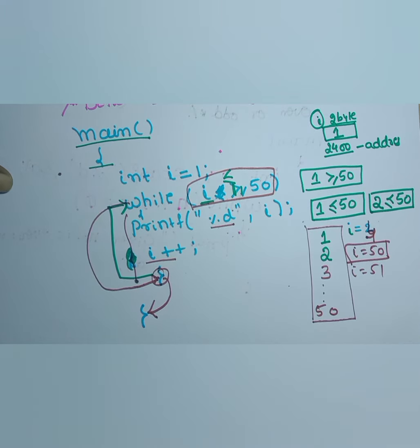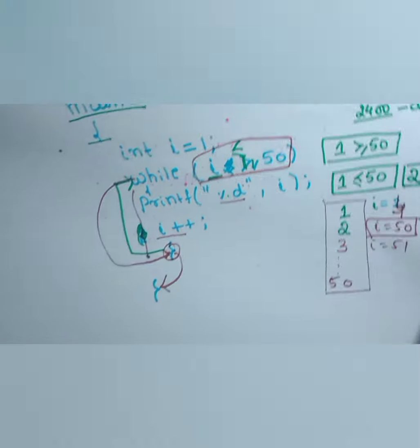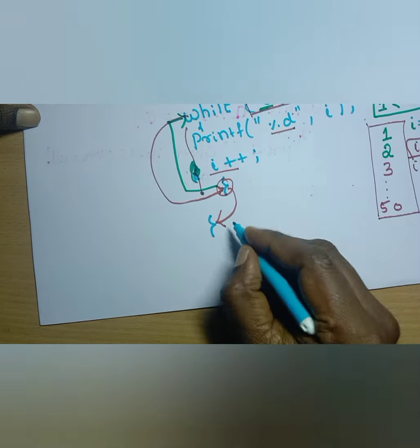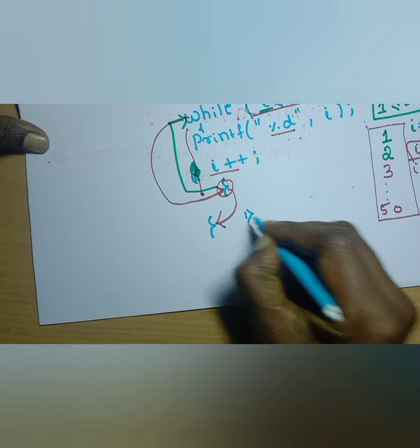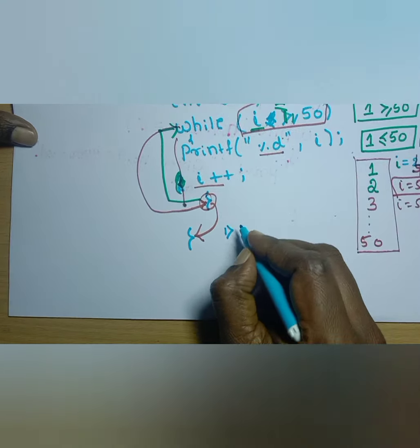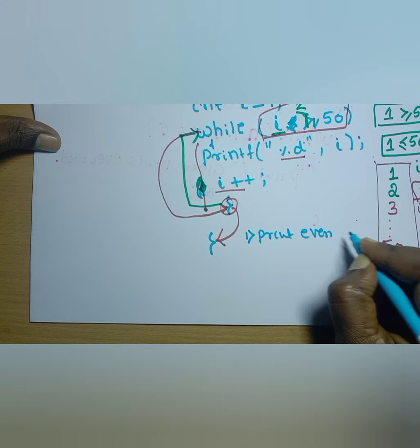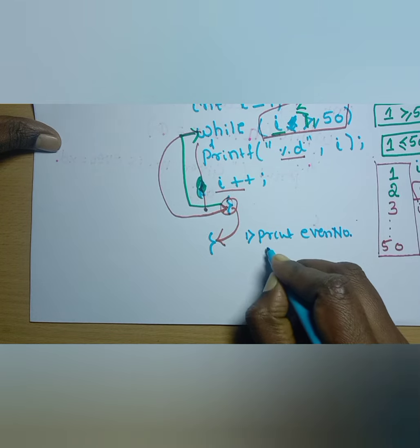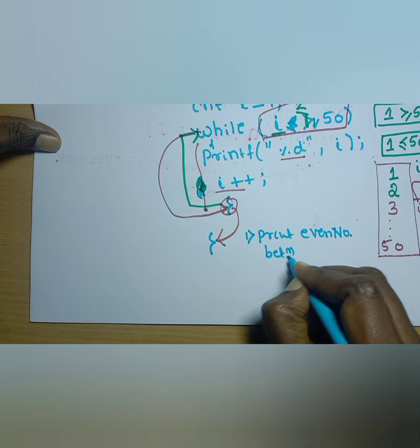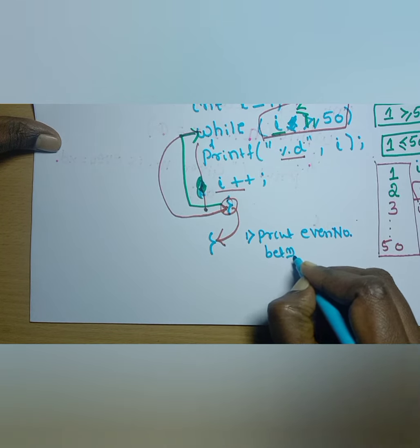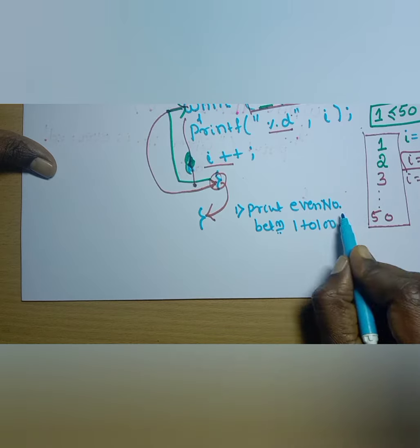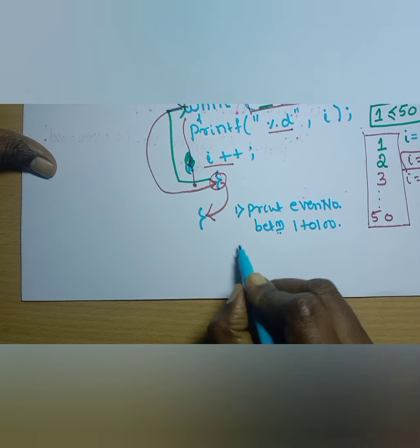Dear students, what you should do is try to write the program. First program: print even numbers, only even numbers between 1 to 100. What is your program? Write a program to print the even numbers between 1 to 100.